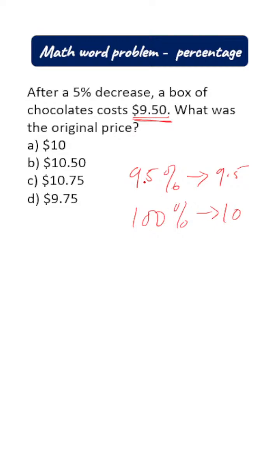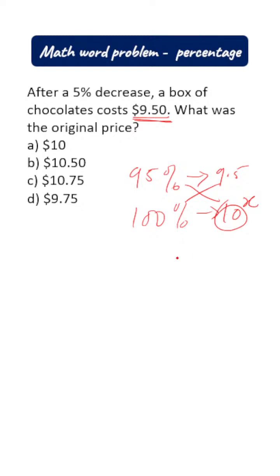But you know, this is 95% giving you 9.5. So when you just do your ratio and you have 100%, let's say this is x. If you cross multiply and simplify, you will get 10.